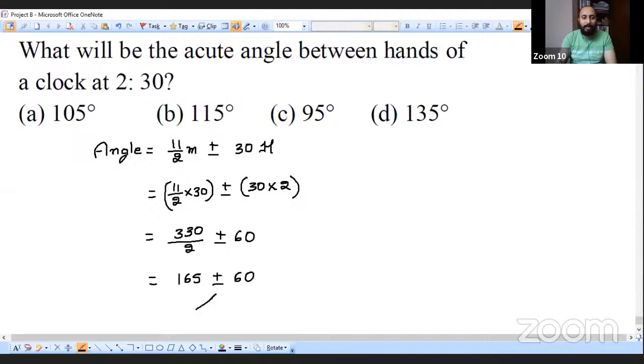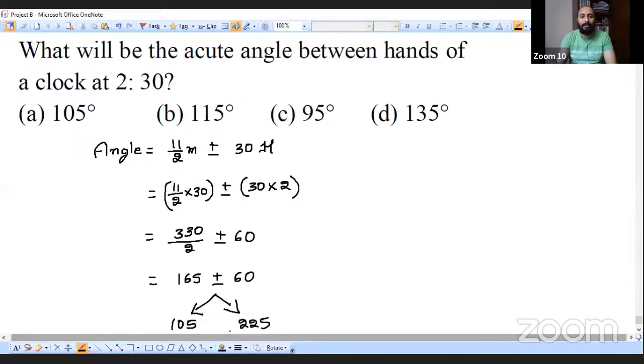So we will get two answers here. What are the two answers? 165 minus 60 is 105, or 165 plus 60 is 225.